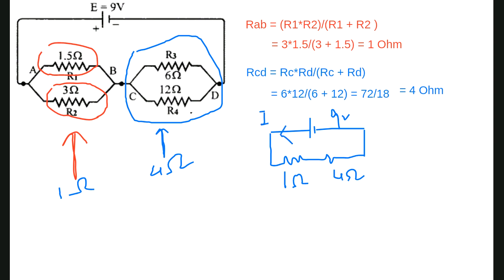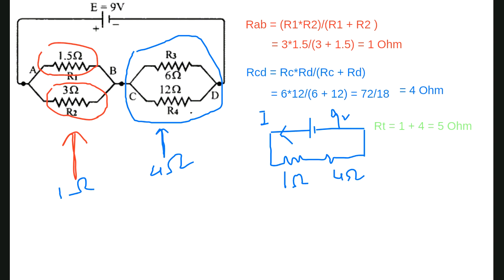Now to find out the current, R equivalent. Now we will solve. R equivalent: are they series or parallel? They are series, so it will be 1 plus 4 equals 5 ohm. Now, how much is the value of current?